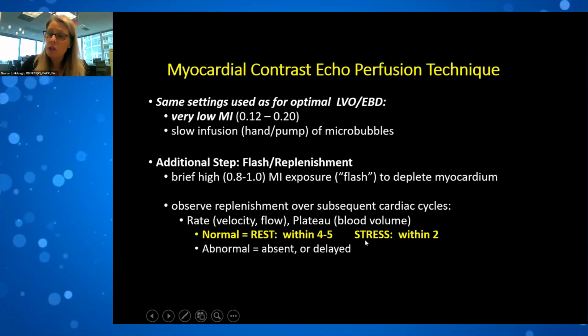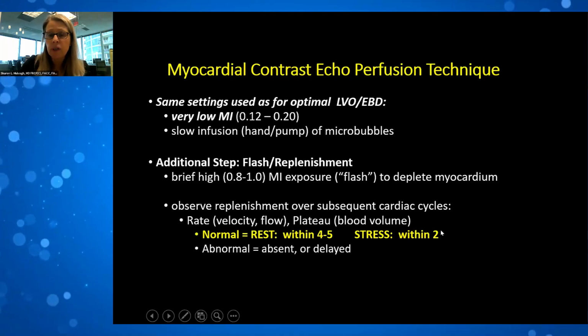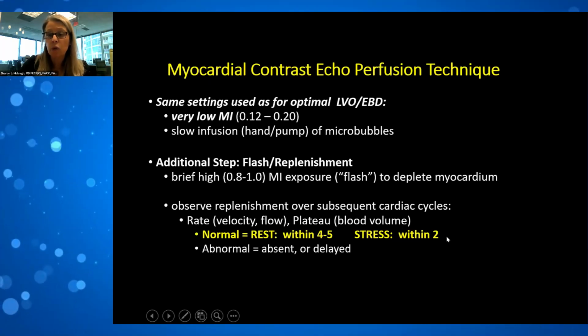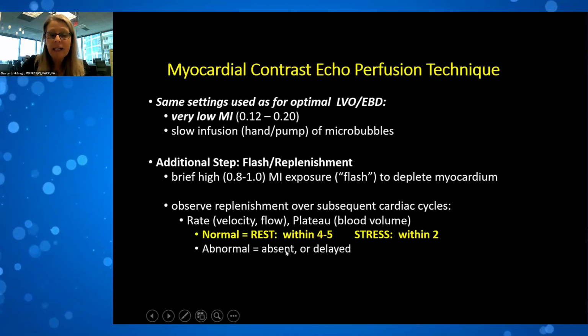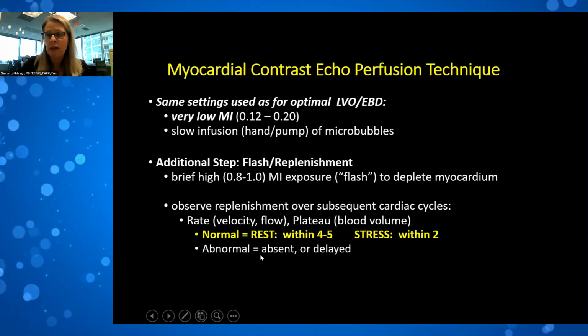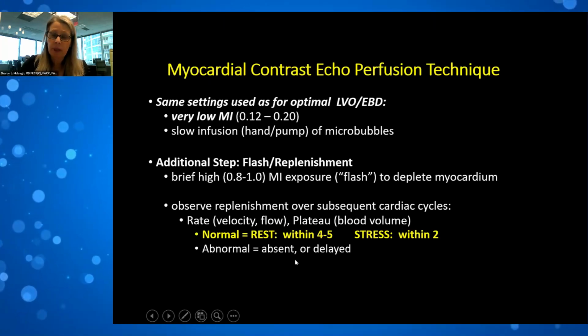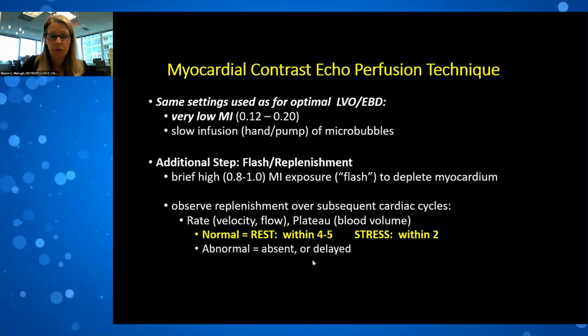And after stress has been administered with the elevation in heart rate, increased cardiac output, we will see the appearance of microbubbles within 2 cardiac cycles. And if this doesn't occur, then we know that it is either absent if we don't see any microbubbles, or if we see a slow rate of appearance, then we know it is delayed reperfusion.